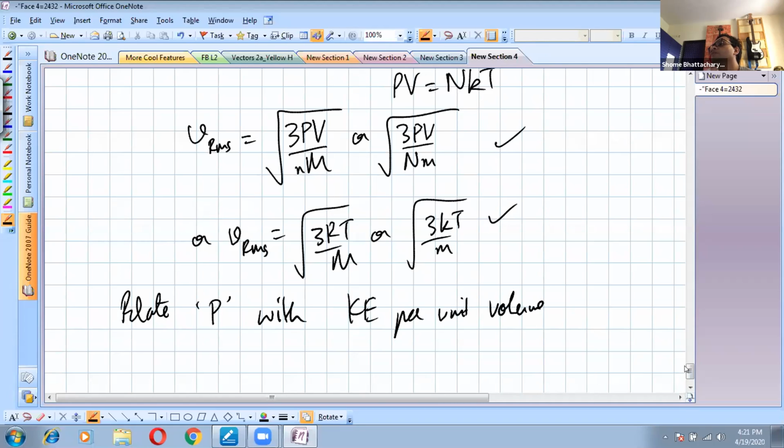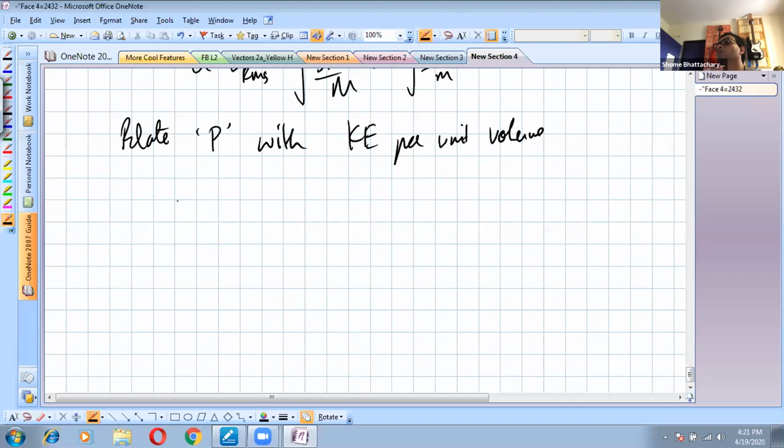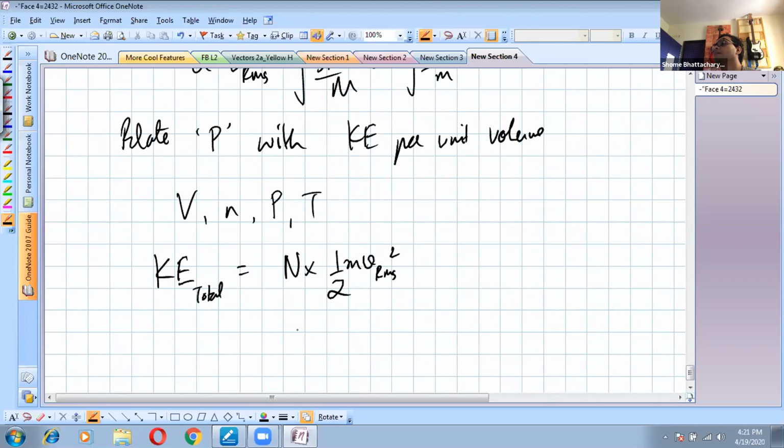So let's understand how we are doing that. Okay. So let us say that in the total volume V, we have n number of moles, and the pressure of the gas is P and the temperature is T. So what is the total kinetic energy? We can write it as total number of molecules into half m VRMS square, or we can also write that as number of moles into Avogadro's number into half m VRMS square, because this is the average kinetic energy per molecule.